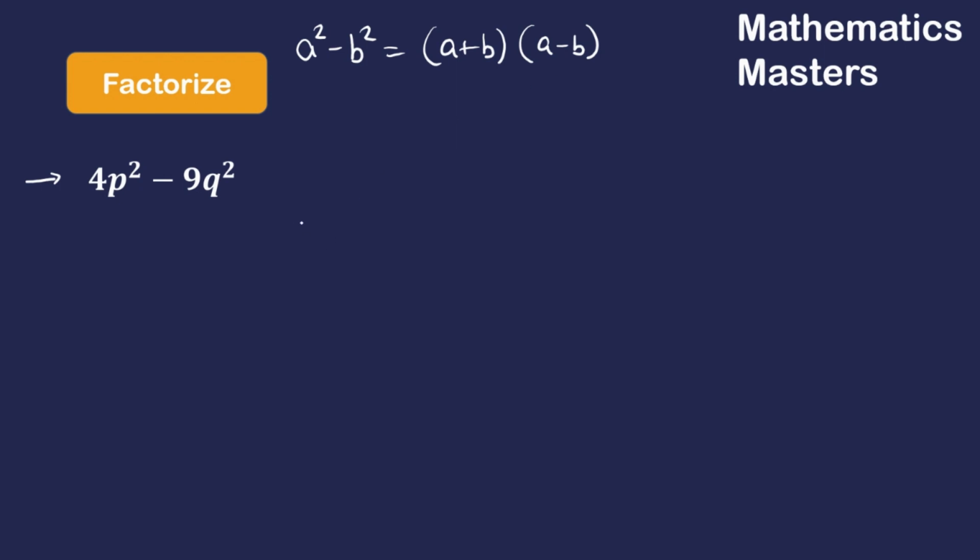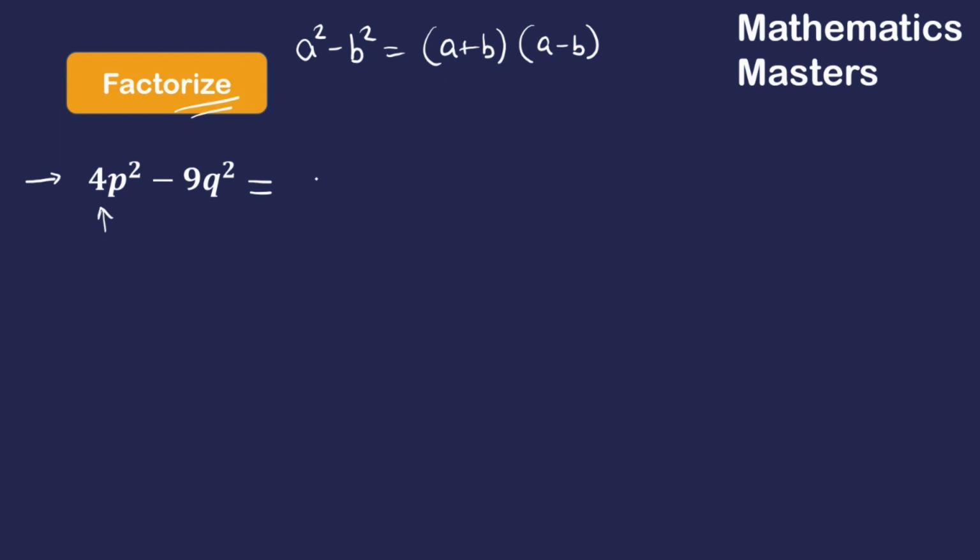Now, first of all, what we need to keep in mind whenever we are factorizing is that we have to take commons. So, can we take commons among these two terms? Well, no, there is nothing that can be taken as common. So, the second step is to think about the identity. Can we apply any identity? Well, yes. Let's see how.